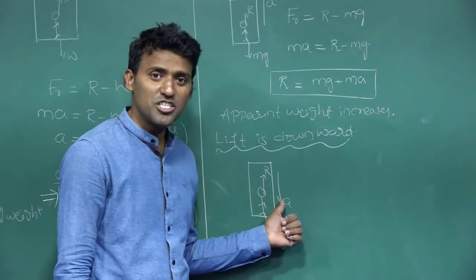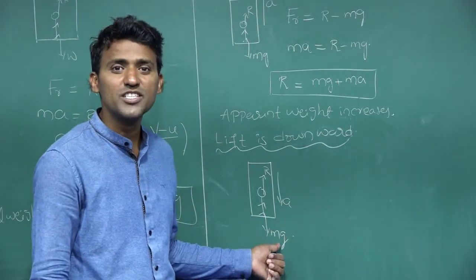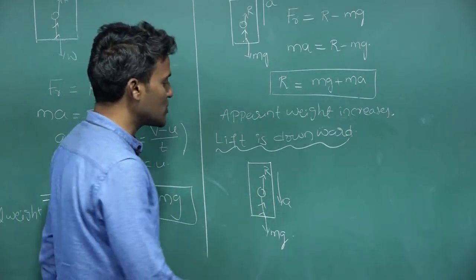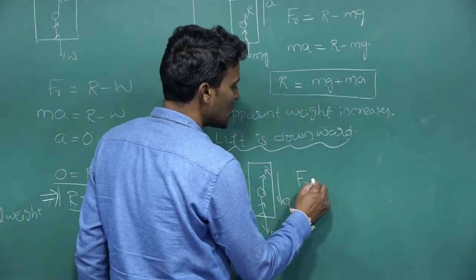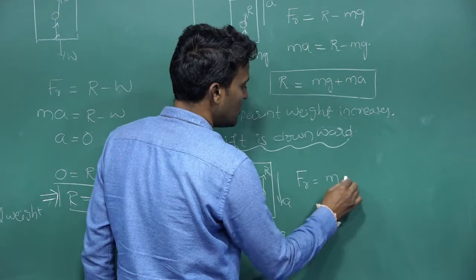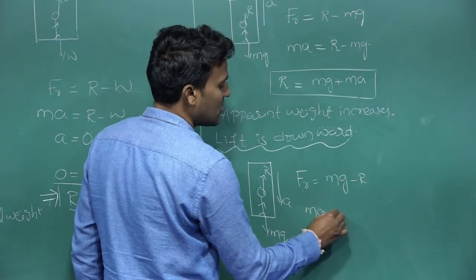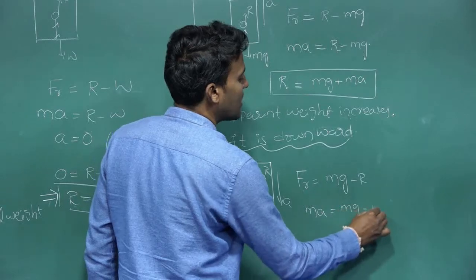When acceleration is downward, it means the downward force is greater than the upward force. So the resultant force is mg minus R, and here ma is equal to mg minus R.